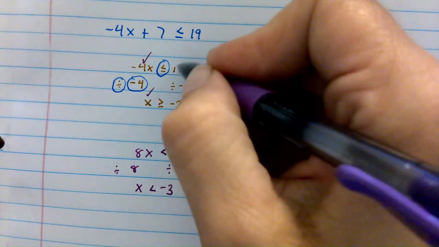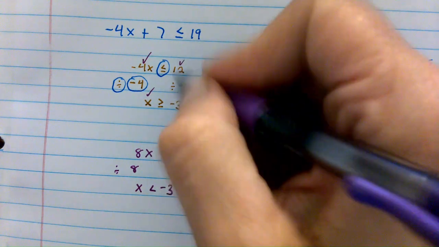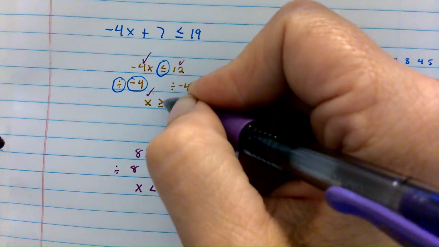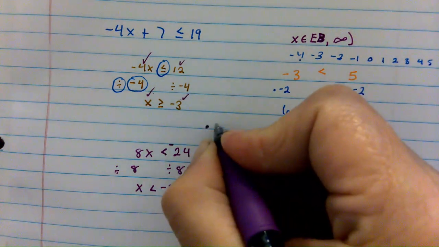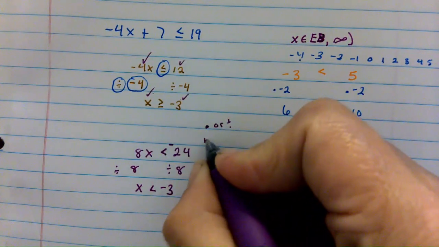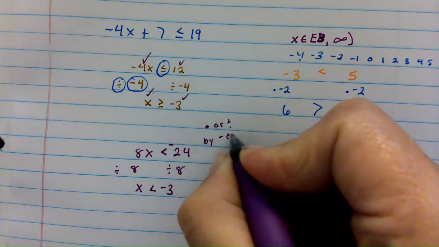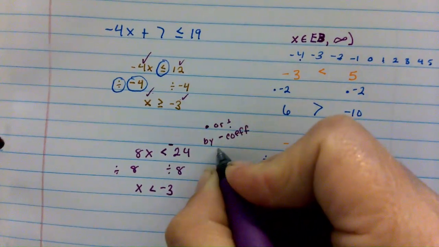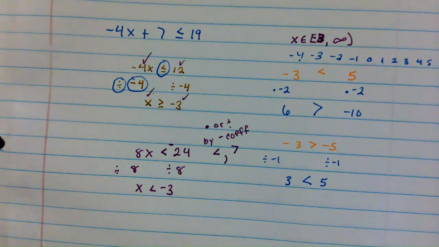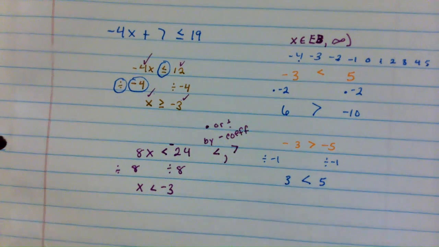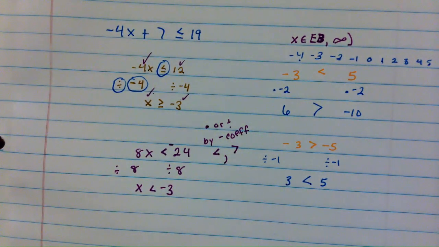Or you can think of it like, this was negative, now it's positive. This was positive, now it's negative. So if you change these two signs, shouldn't you change that sign? However, you need to memorize that when you multiply or divide by a negative coefficient, you must flip your inequality. I don't care whether it's less than to a greater than or greater than to less than. But that gives you some background as to why. So don't forget that that is a thing.